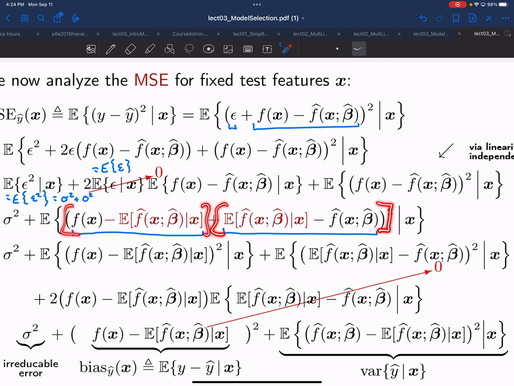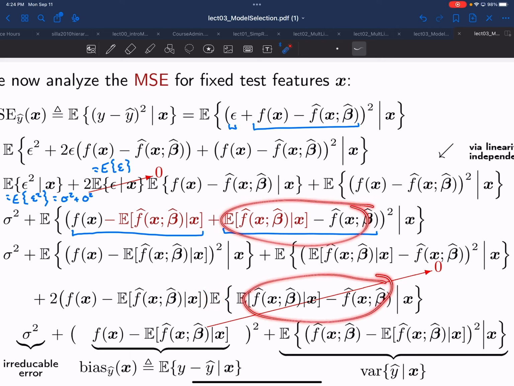We just determined that the first one is essentially deterministic for the purposes of this expectation because we're conditioning on x. So you can pull this out of the expectation, or in other words, slide the expectation in and just look at this times the expected value of this part. That's what we have down here.